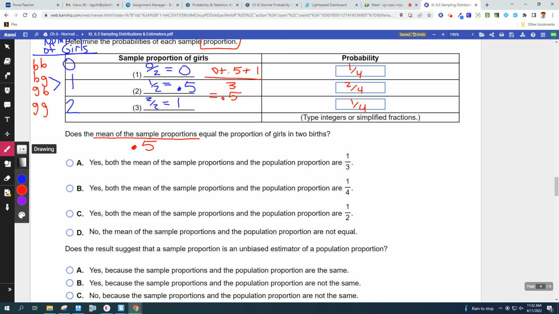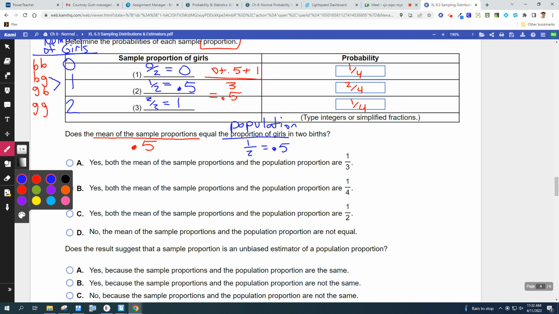And the proportion of girls, okay, for the population, this is population. It doesn't say it in the problem, but it doesn't have to because we're assuming that it's a 50-50 shot that you have a girl. Okay, so the proportion for having girls, we know that's 1/2 or 0.5.